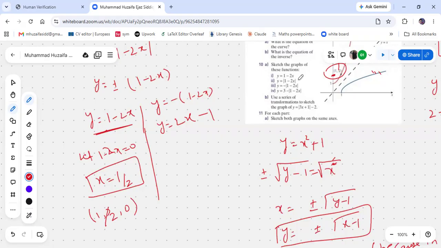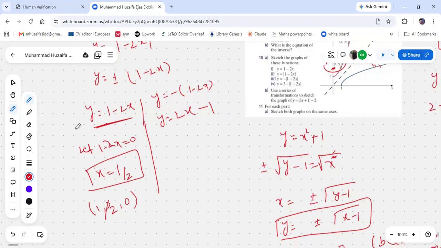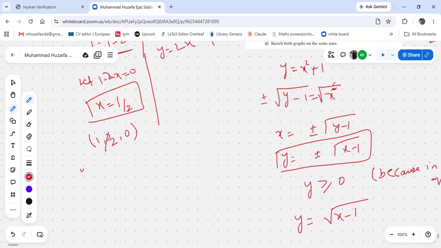And what we are doing on the negative side, this is 2 of x minus 1. Here we already know that our equation is y is equal to m of x minus 1, and our general equation is 1 minus 2 of x, so m is equal to minus 2.